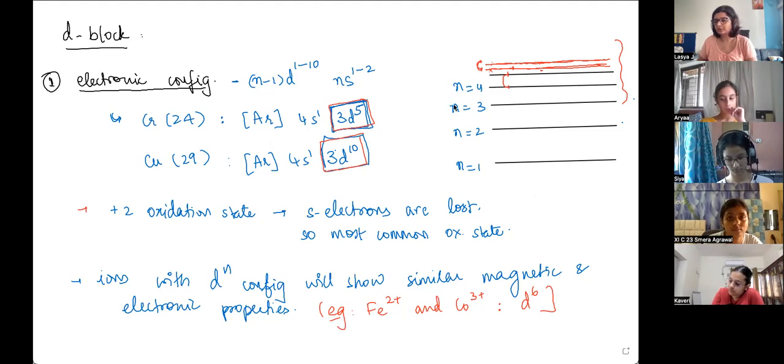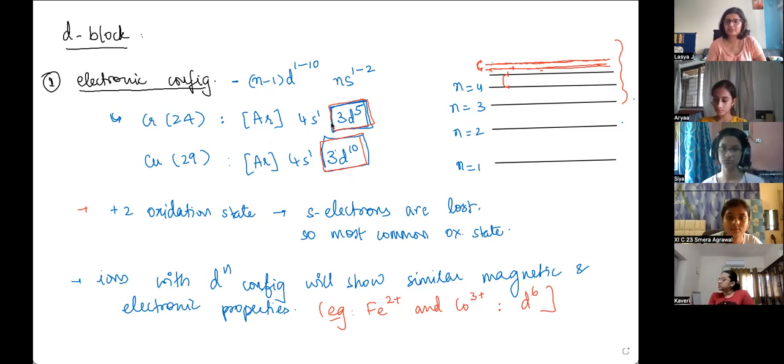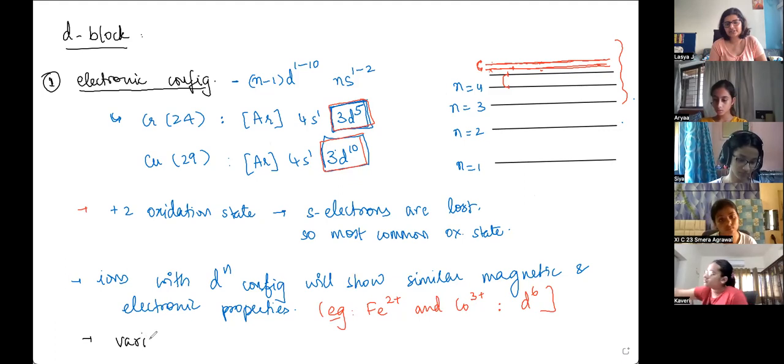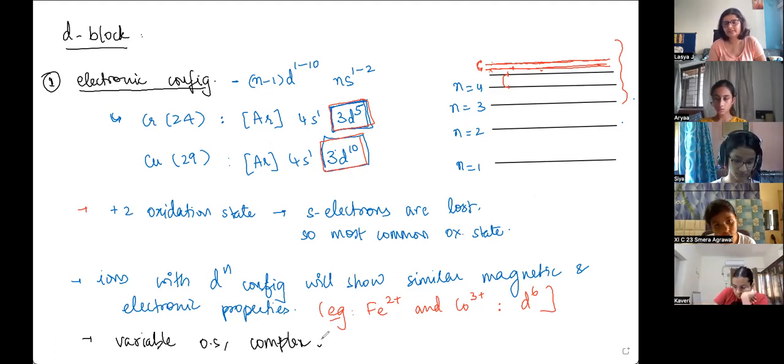What else do we have? Also, because of their electronic configuration, because of vacant d orbitals, half-filled d orbitals, this is the reason for all the other characteristic properties: variable oxidation states, complex ion formation, the things that are very specific to d block elements.